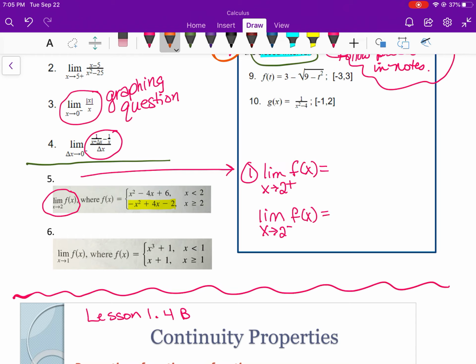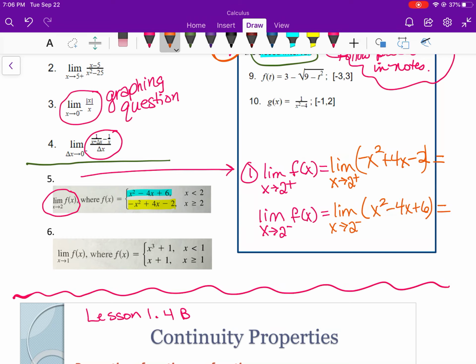That's the right side of 2. So this becomes the limit as x approaches 2 from the right of negative x squared plus 4x minus 2. And then you would just plug 2 in. Your left-sided limit is going to use this inequality here. So this one becomes the limit as x approaches 2 from the left of x squared minus 4x plus 6. And again, you're going to plug 2 into that. If you get the same value, then you have the limit existing at 2.